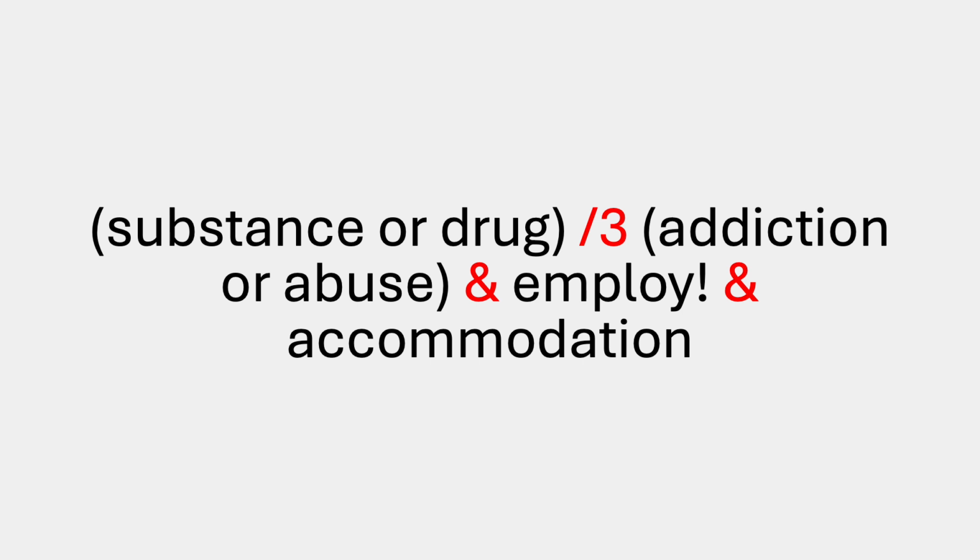So we know that substance or drug is being read together. We know that addiction or abuse is being read together. And then employ, or accommodation is being read on its own, right? We want the database to look for substance or drug within 3 words of addiction or abuse, and we want to see the employee or employment, and we want to see accommodation, right?